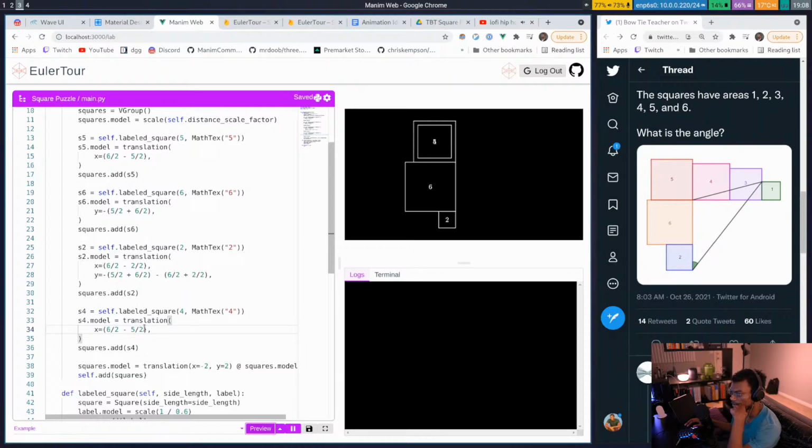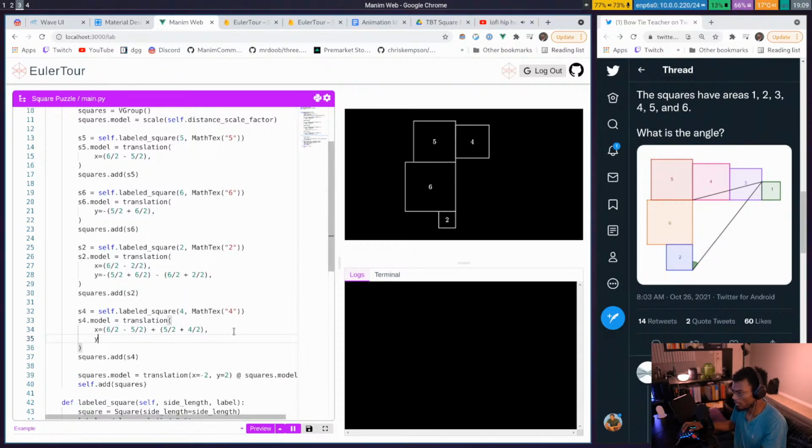So I need to move it additionally 5 over 2 plus 4 over 2. Okay. And for its y displacement, that's going to have to be 5 over 2 minus 4 over 2.